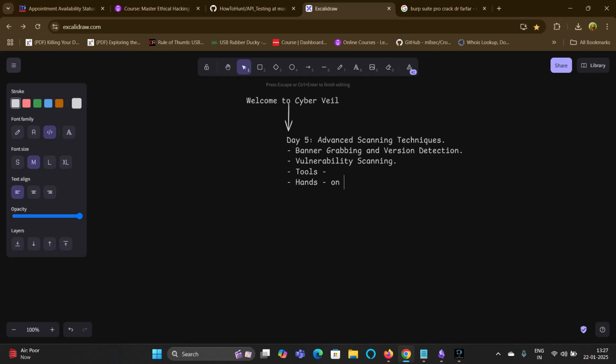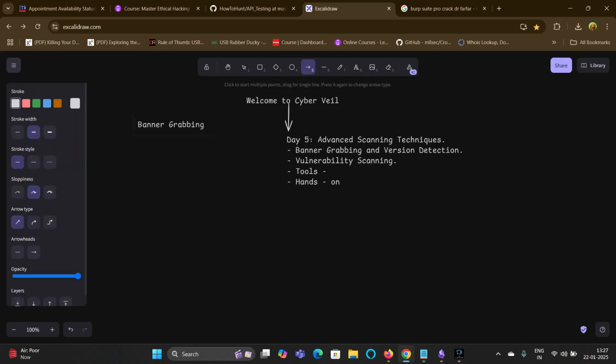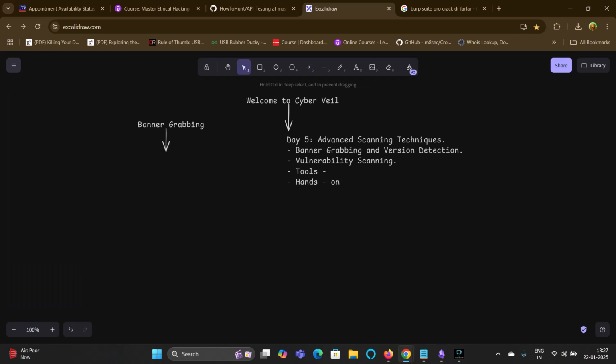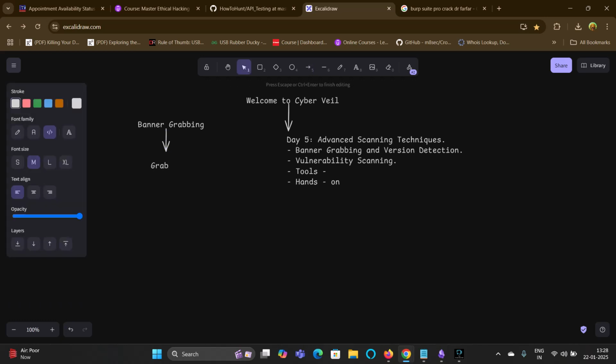Okay, so let's just start with banner grabbing first. Firstly, we'll be discussing banner grabbing. Banner grabbing means, as its name itself suggests, to grab some kind of banner of a particular packet. That's my particular way of telling you the definition, but it's not actually the definition, but I'm making it easier for you guys.